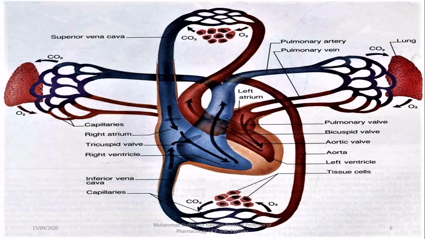The left side of the heart pumps the oxygenated blood into the entire body. The blood is then returned to the heart via the systemic pathway, where the cycle begins again through the pulmonary pathway.